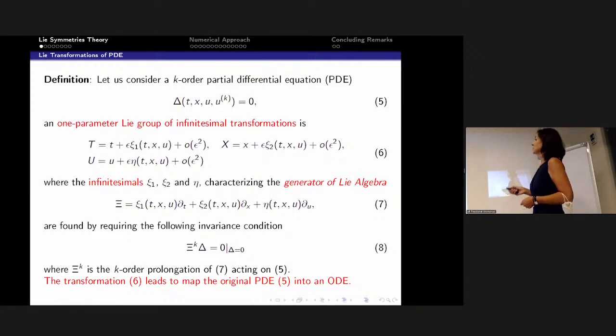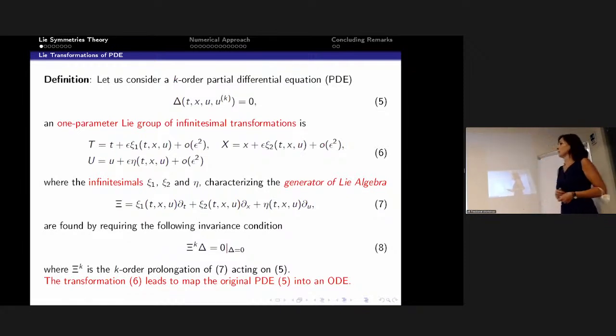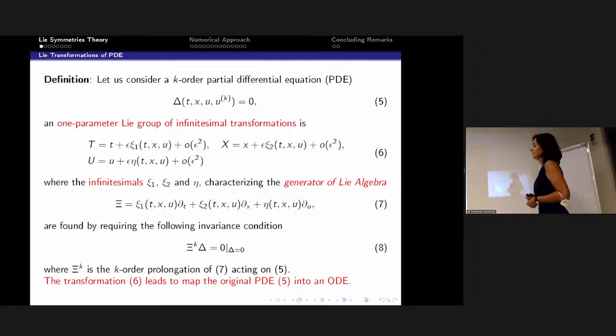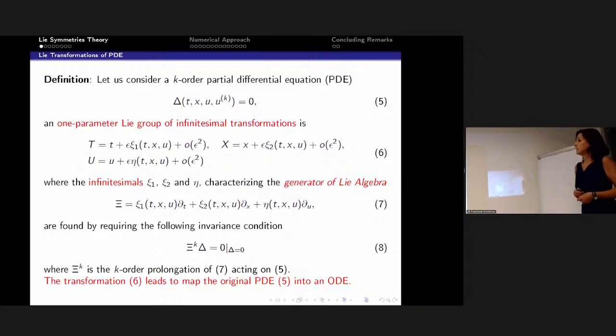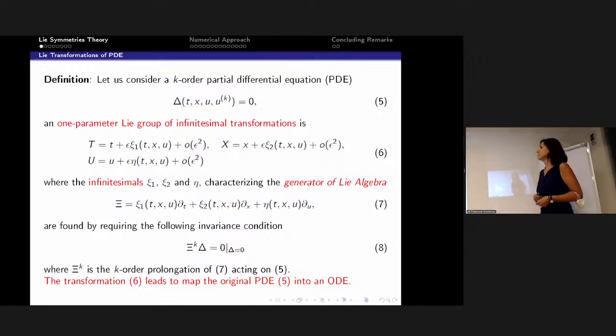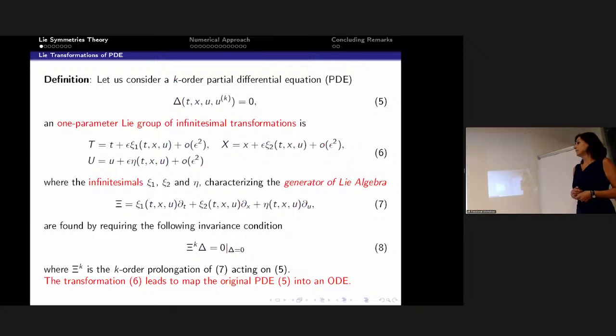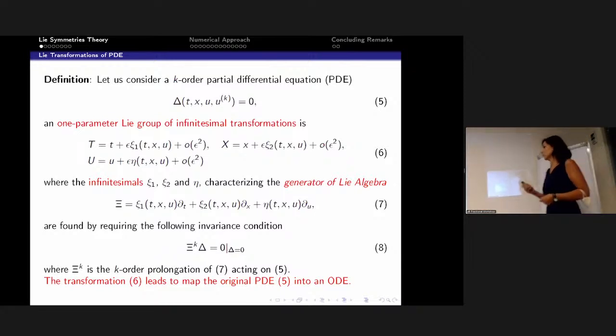Then we consider the classical partial differential equation number 5. We can define the one-parameter group of infinitesimal transformations given by number 6. Note that C1, C2, and beta are the infinitesimals. These infinitesimals characterize the generator of the algebra number 7, and they are found by requiring that condition number 8 be satisfied.